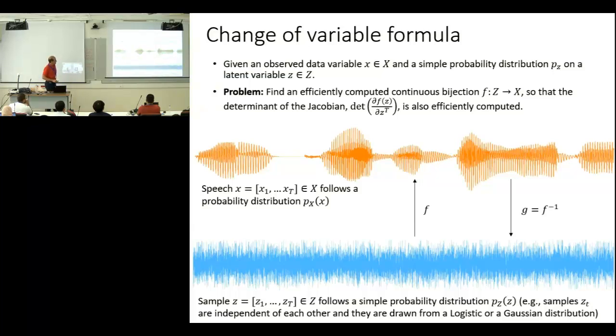So here we have this latent space. The samples follow a simple probability distribution, which are independent of each other, and they are drawn, for example, from a logistic or Gaussian or uniform distribution. And through this function f, we map the sequence of random noise to a sequence which sounds like speech.